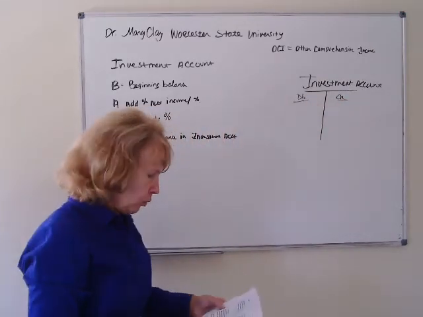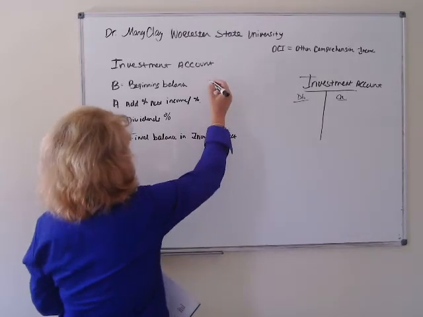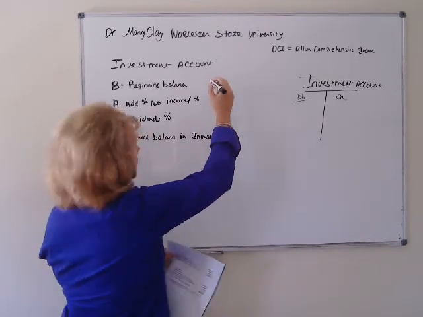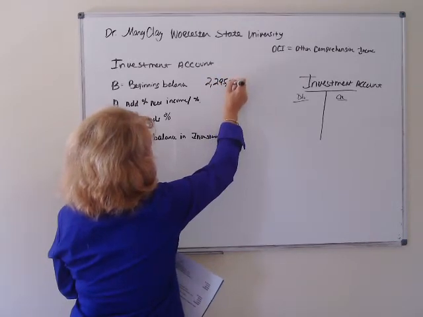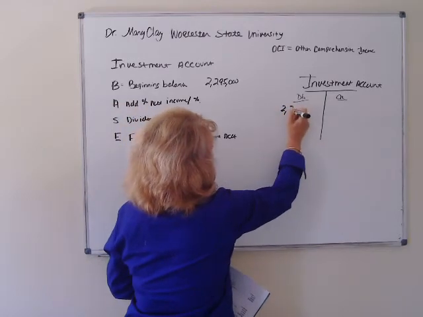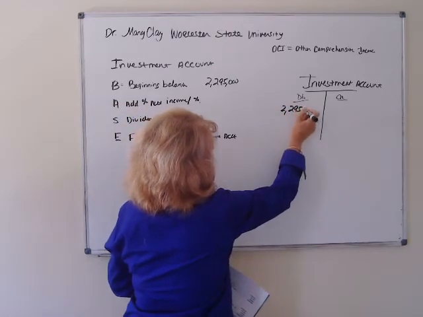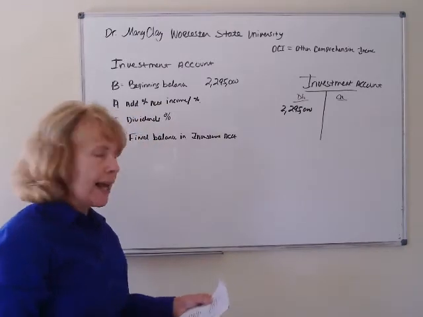All right, so let's start with the acquisition price. The acquisition price, our beginning balance, is $2,295,000. Remember, the investment account is an asset. That will be on my debit side, $2,295,000. I look back in the problem. What else did they tell me?